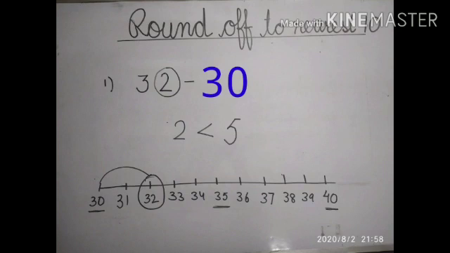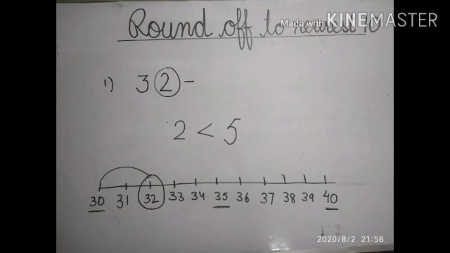Here the midpoint is 35 and 32 lies between 30 and 35. So the numbers which are smaller than 35 will round down to 30 and the numbers which are greater than or equal to 35 round up to 40. So here on the number line we will round down 32 to 30.